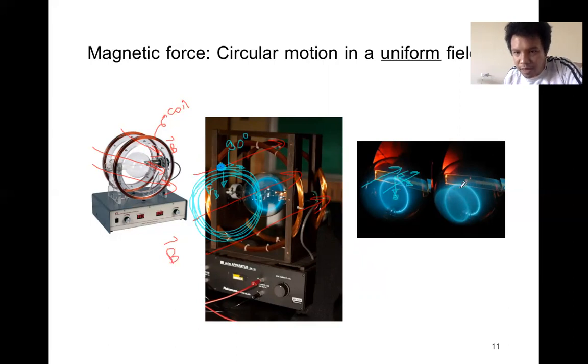But if the electron has been shot in the direction that is not 90 degrees, we're going to have a helical path, because the velocity of the electron can be divided into the component that is making 90 degrees and the component that is parallel to the magnetic field, and there's no magnetic force.